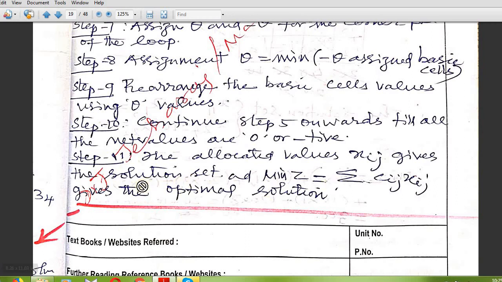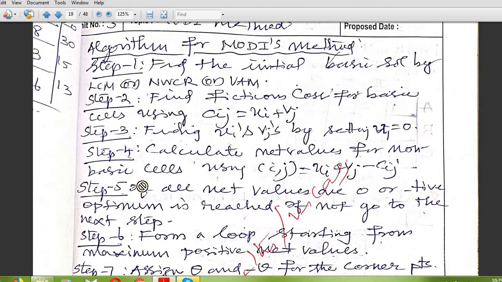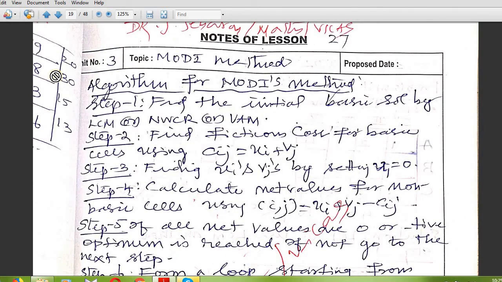So there are 11 steps in solving the transportation problem by Modi's method. Modi's method is the optimum method. It may be asked in the examination as a 10 mark question.